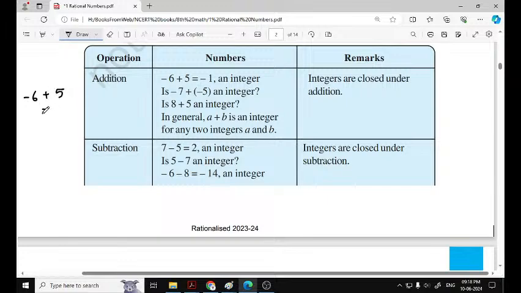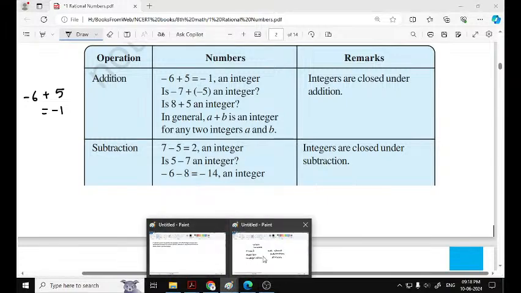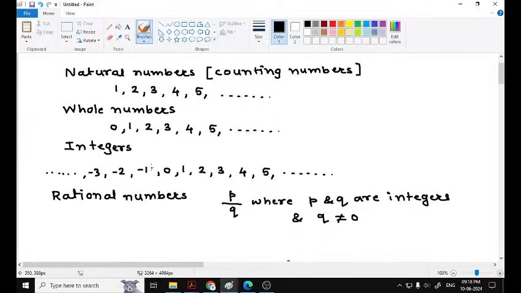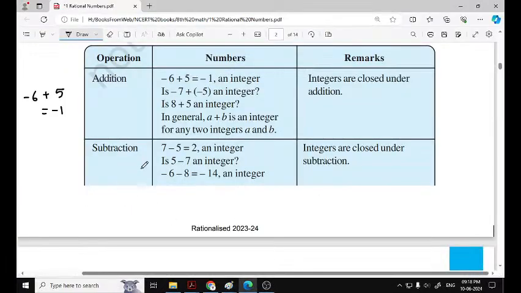Their addition answer is -1, which is again an integer. Yes. Now -7 plus -5, that is -12, which is again an integer. So take any two integers, their addition is again an integer, so integers are closed under addition.